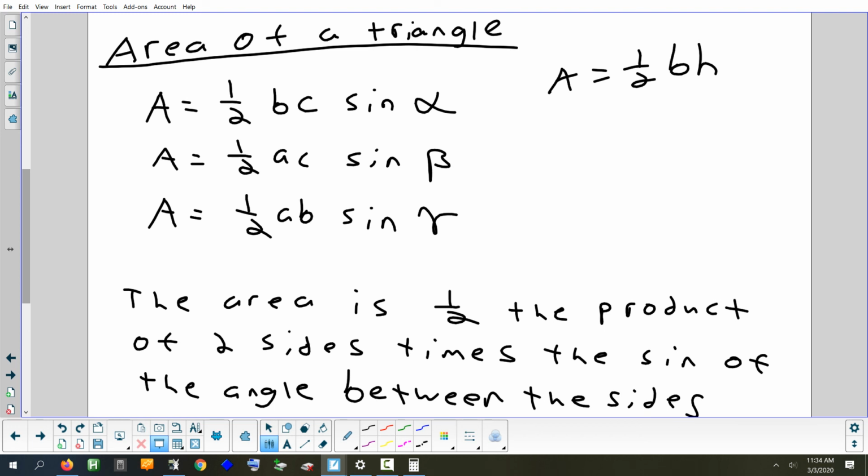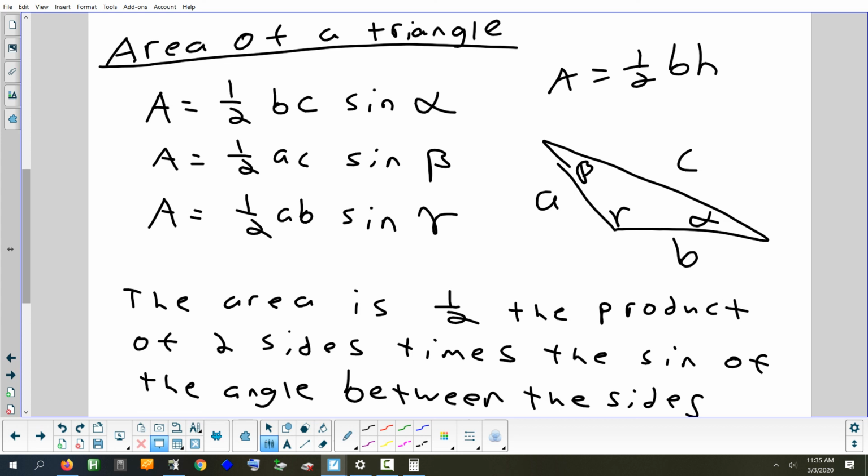If you draw a triangle, call the sides A, B, and C, and the angles alpha, beta, and gamma. Look at each pattern. 1/2, and the 2 sides it uses are B and C. What's the angle where sides B and C meet? Alpha. So it's 1/2, 2 sides, and then the sine of the angle where they meet.